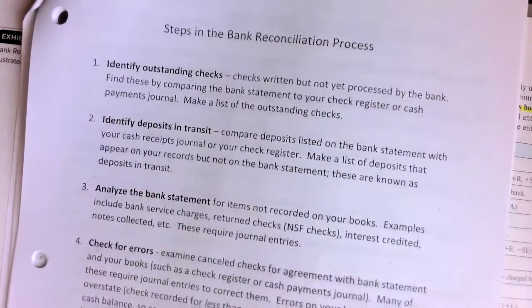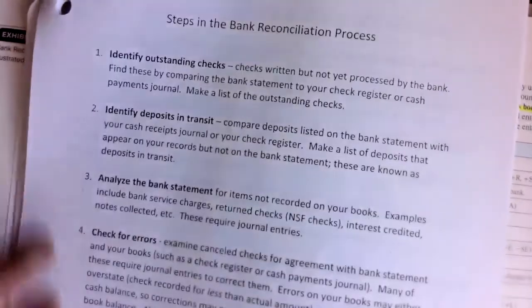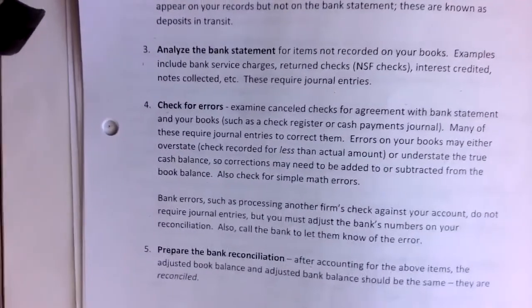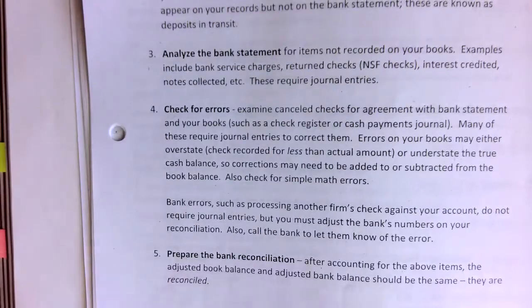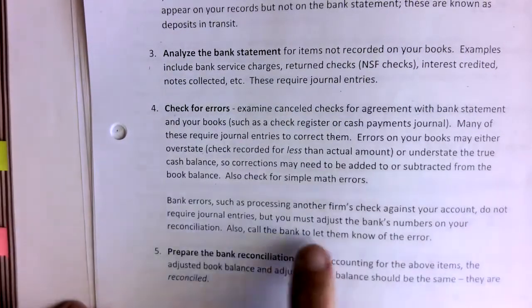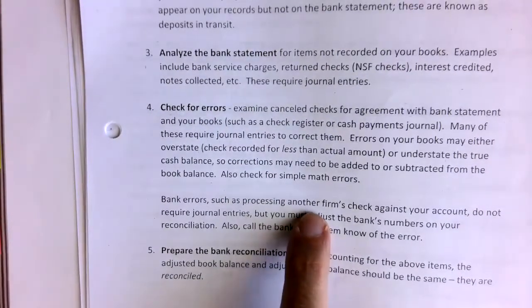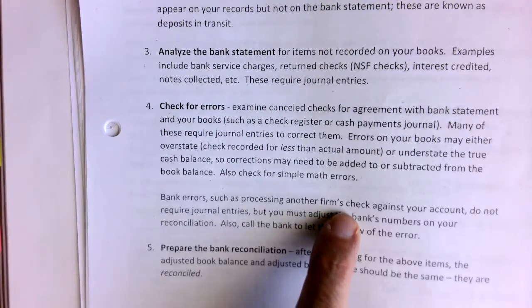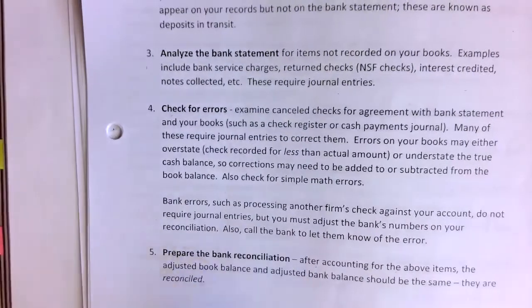Let's see, check for errors, bank errors. Sometimes you'll see something, and this does happen, where a check written off some totally unrelated company's account gets cleared against our account. How that can happen, I don't know, but it apparently does. So bank errors such as processing another firm's check against your account don't require a journal entry because our books are correct.